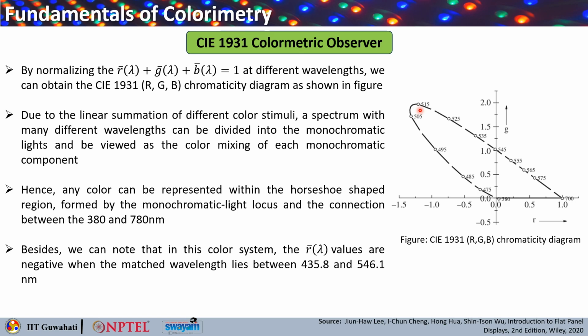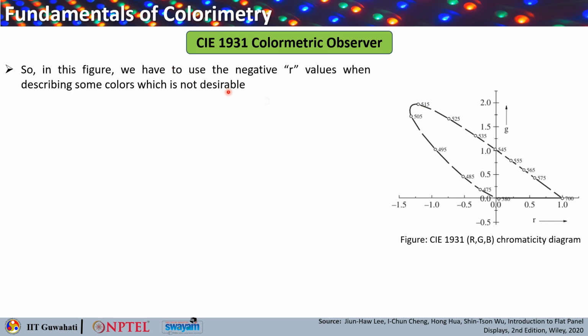So, for matching these wavelengths, you need the value of R bar lambda to be negative. In this particular figure, we have used these negative R values when describing some colors, but it does not look very good because you have some negative values here.